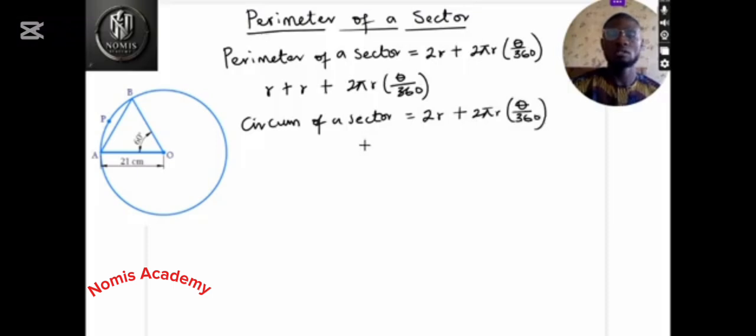So let's solve some examples. Example number 1, let's take this sample that we have here. We can see a sector that subtends an angle of 60 degrees with a radius of 21 centimeters. The first example is telling us that we should calculate the perimeter of the sector.